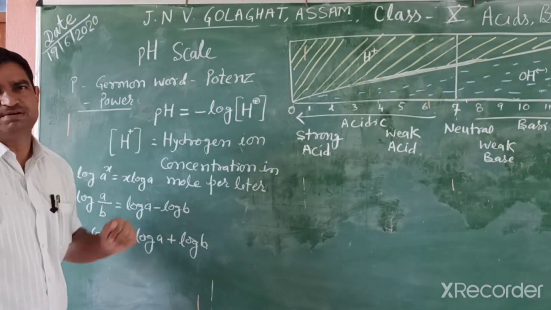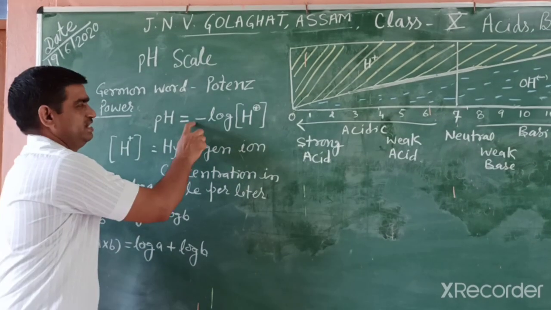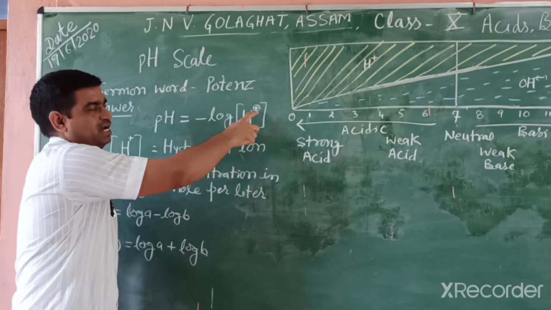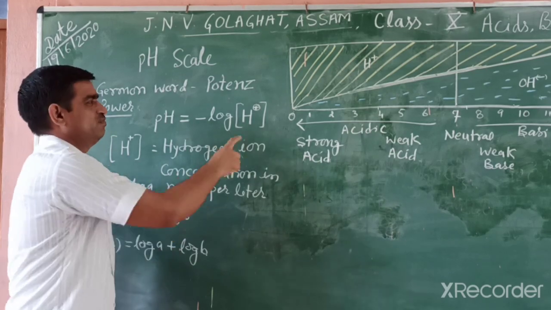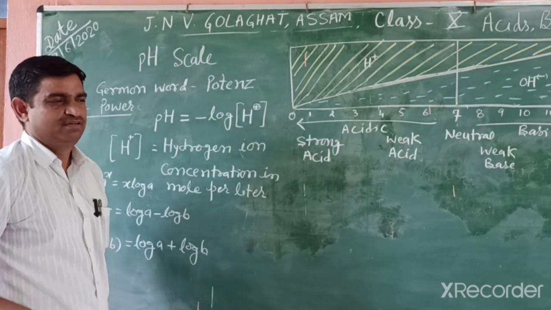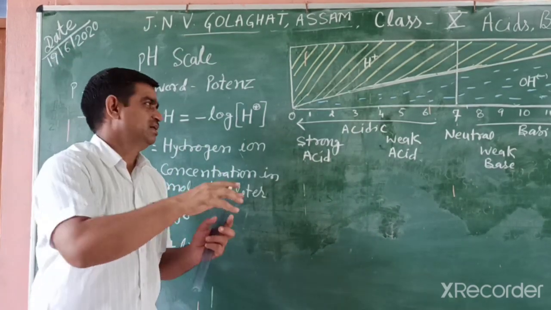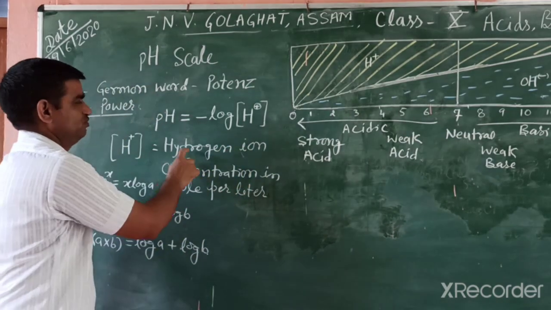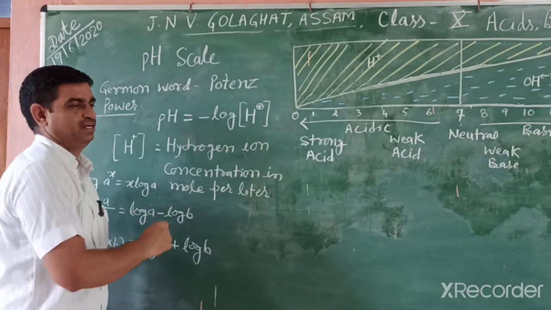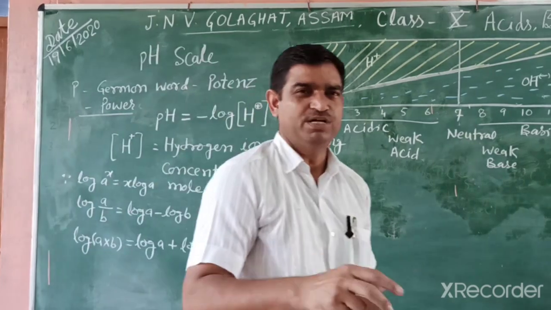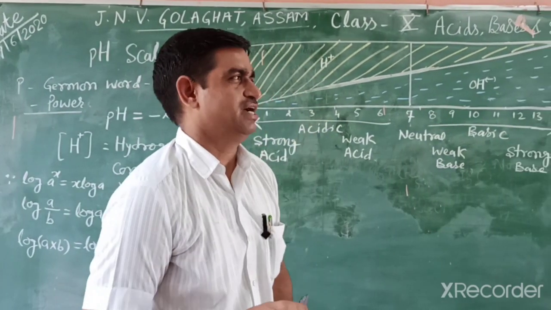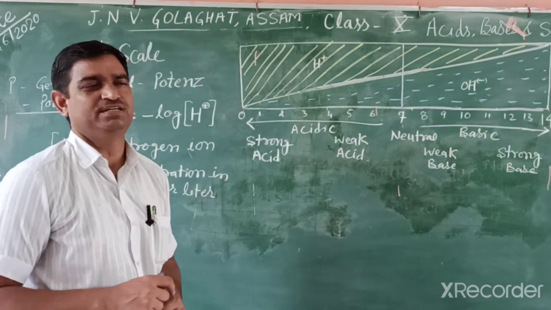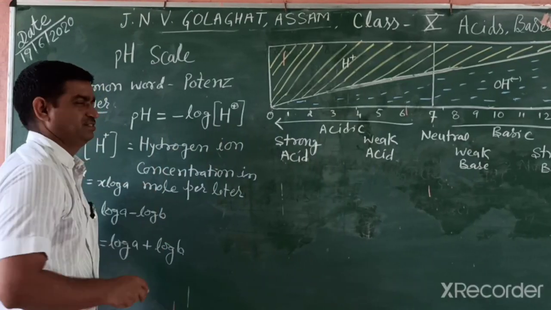So we can write a mathematical formula by negative logarithm of hydrogen ion concentration. What do you mean by concentration? Concentration means the number of hydrogen ions in mole per liter. We can say how many moles of hydrogen ion are present in 1 liter, that is concentration.